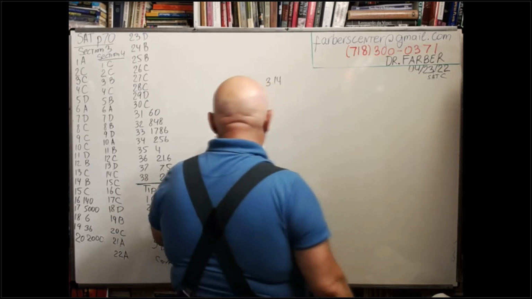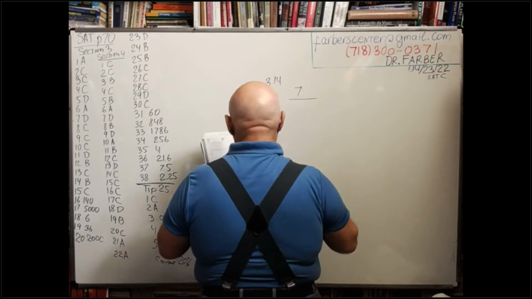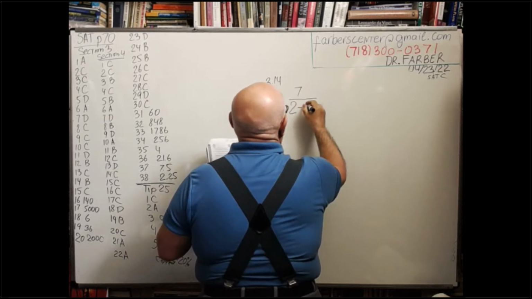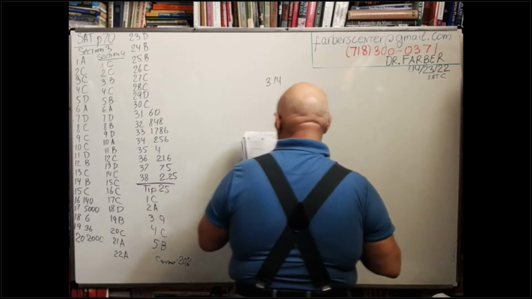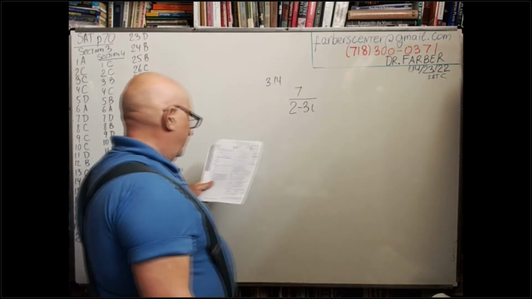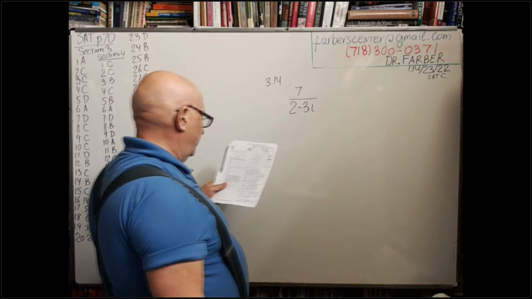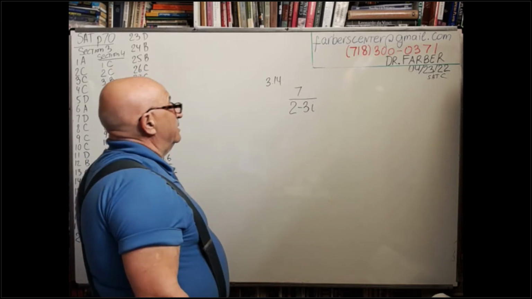What we have: 7 divided by 2 minus 3i. They ask for the equivalent form, and they give you different multiple choices here. Well, this is standard.